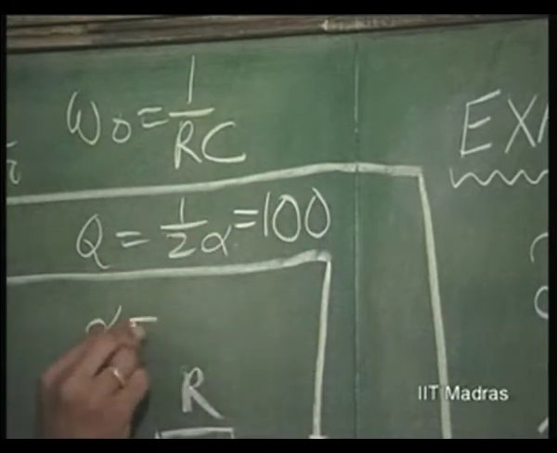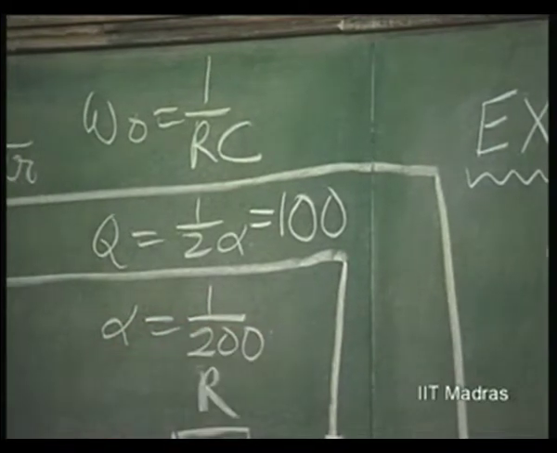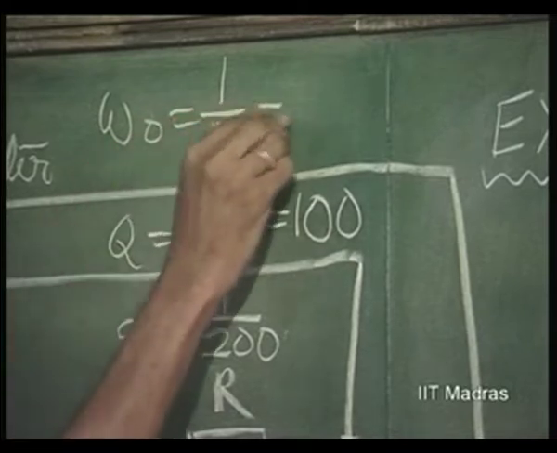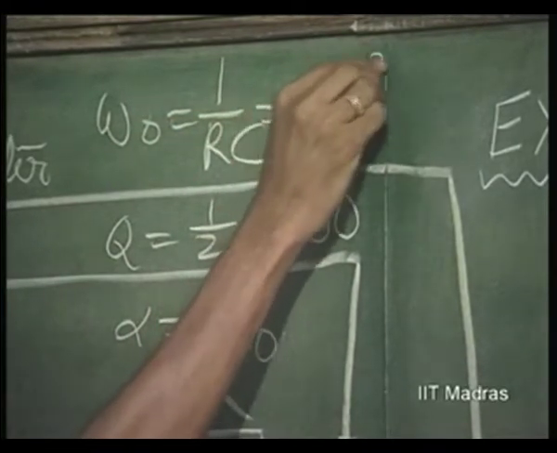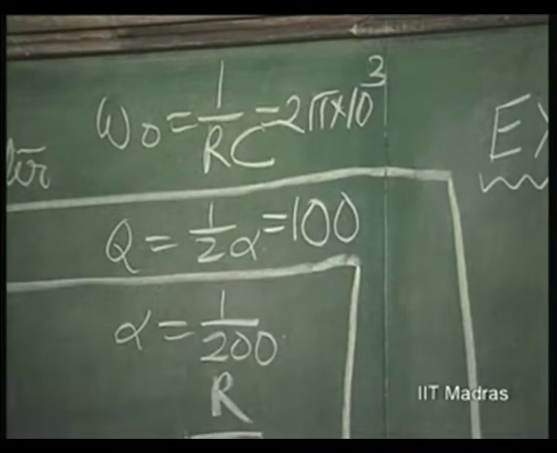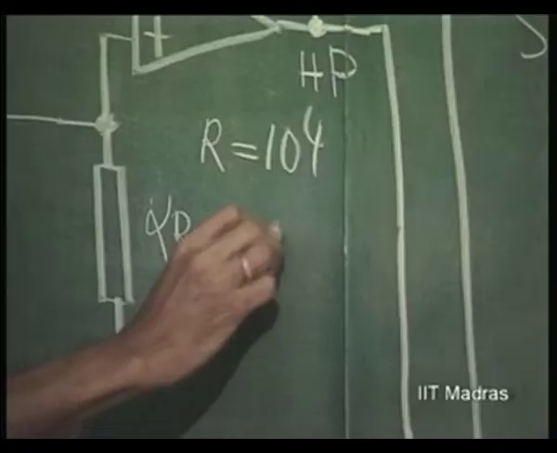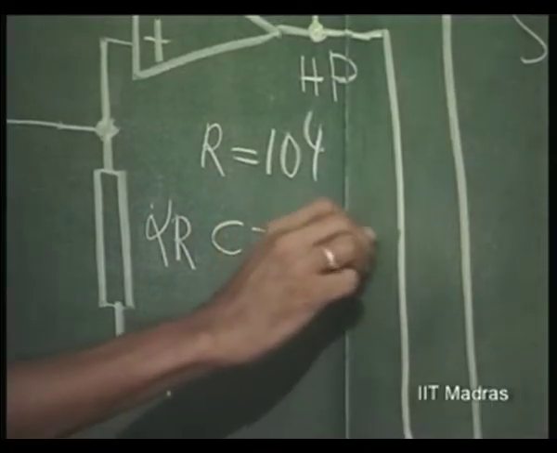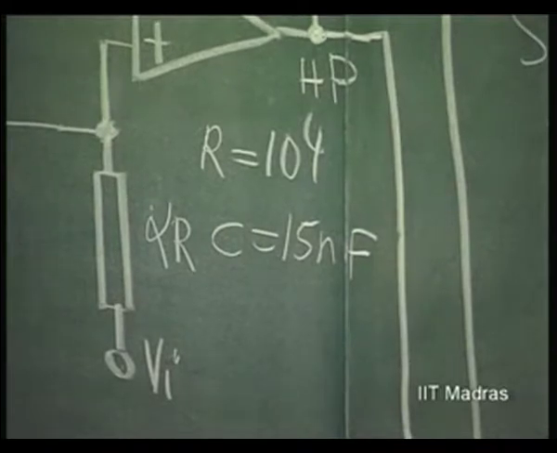So, alpha is 1 over 200. This is to be made equal to 2 pi into 10 to power 3. So, R, if I select as 10 K like last time, C becomes 15 nanofarad. This we had already calculated earlier.